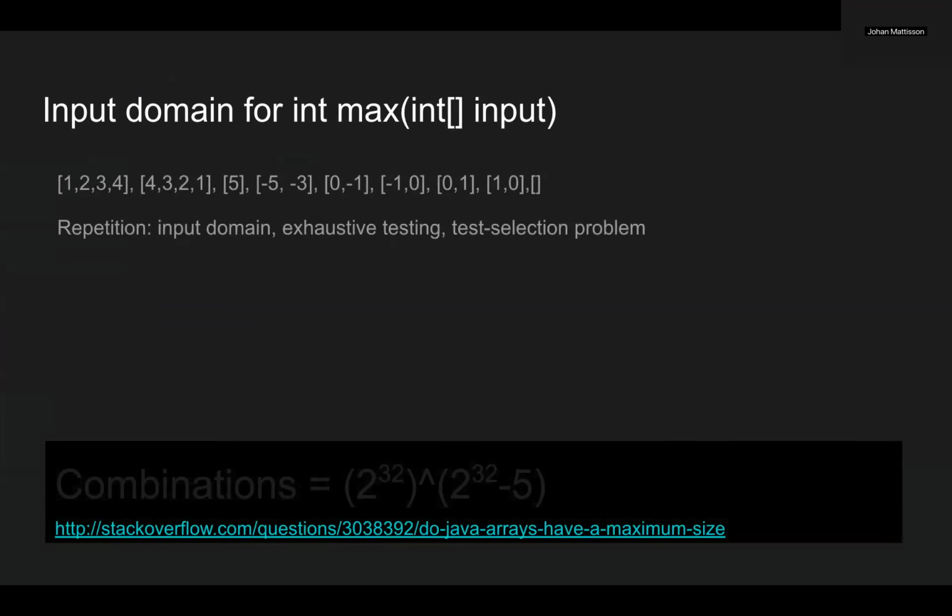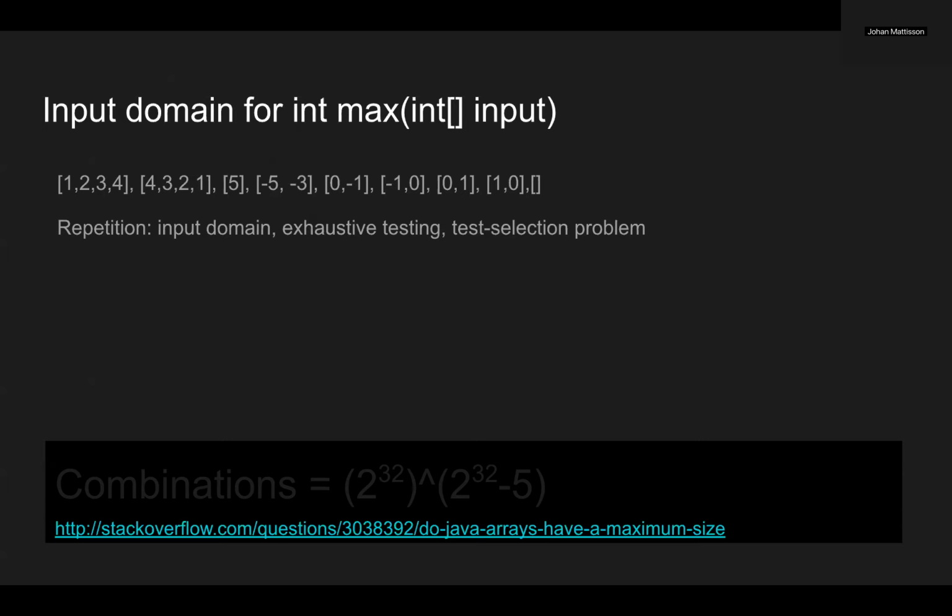So once again, we talked about the input domain, do you remember? That's another word that we used last time, input domain. We also talked about exhaustive testing. If we wanted to exhaustively test this, it would be very, very hard because every part of the array could be a very high number.